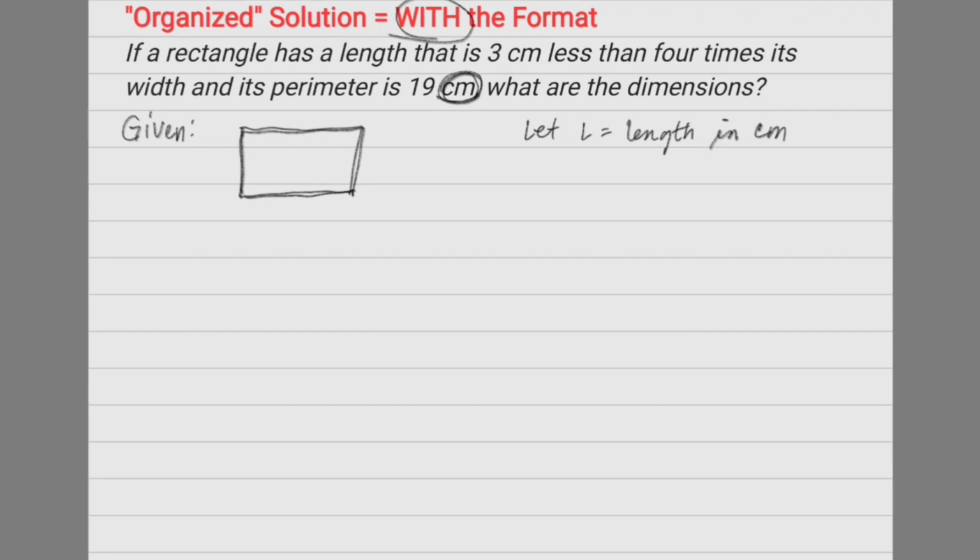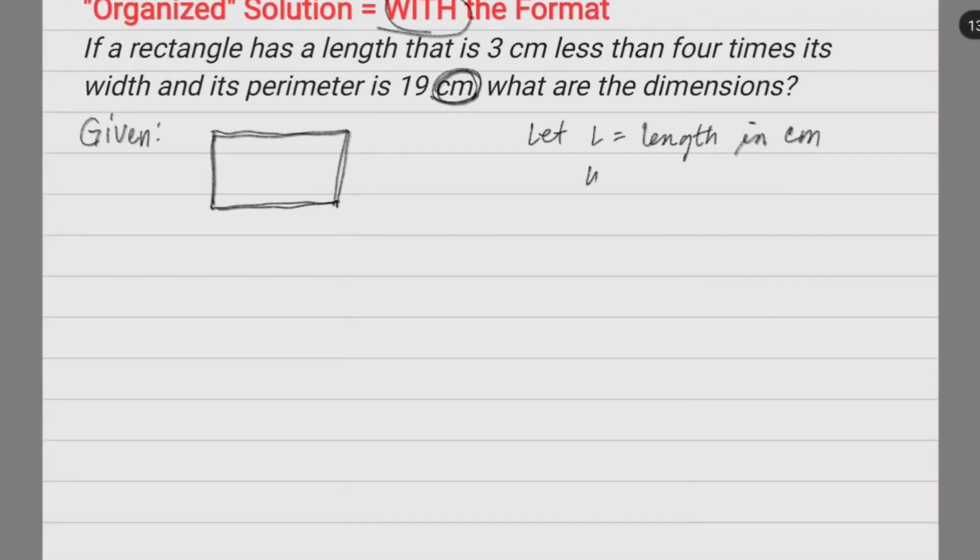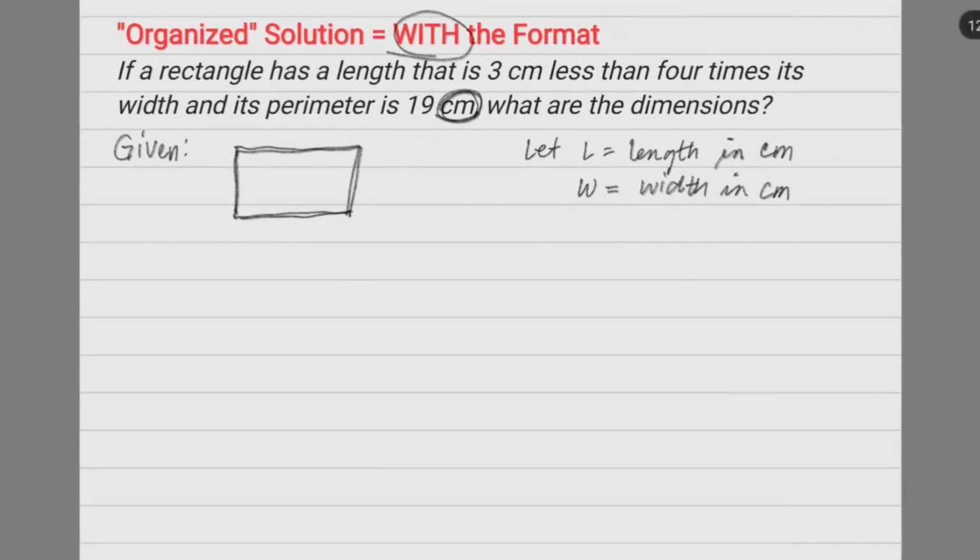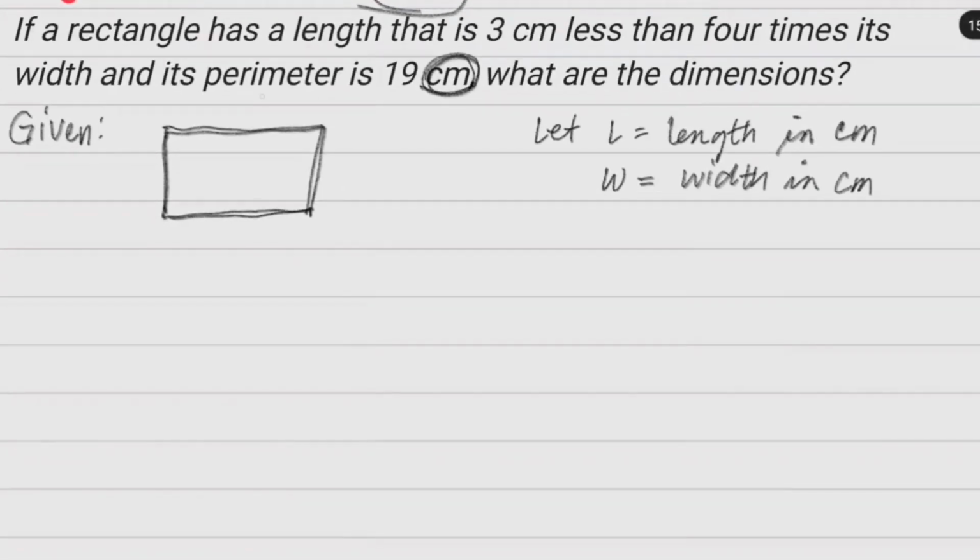The unit is in centimeters. Now let's also let the letter W be our width in centimeters also. So of course, length here is this one, also this one, the opposite side, the longer part, and then this will be your W, or your width.